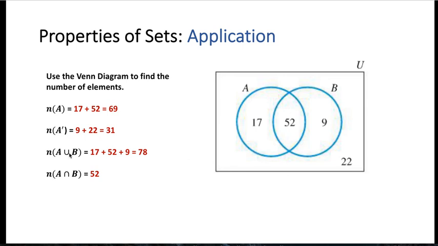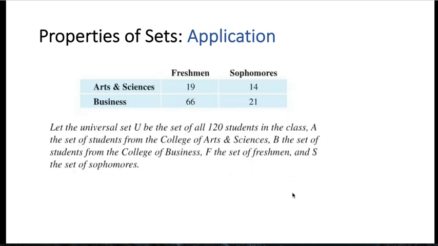The number in A union B is all of those elements that are in this circle and in the B circle. So 17 plus 52 plus 9, which is 78. And the number in A intersection B are those numbers that are in the overlap of A and B, which is 52.